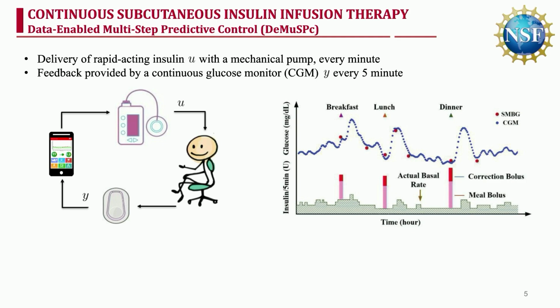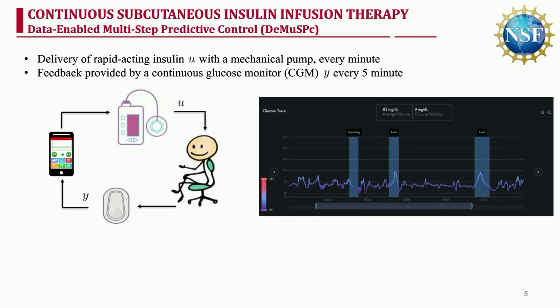On the right, we have the cartoon representing the glucose curve, the fluctuations, on the top. You can see the rise due to breakfast, lunch, and dinner. These are simulated data, just a representation. And on the bottom, you have the insulin doses. We have a basal rate to maintain homeostasis at rest, and then some superimposed doses for the meals and corrections, so that we can achieve the same tight control that we showed before.